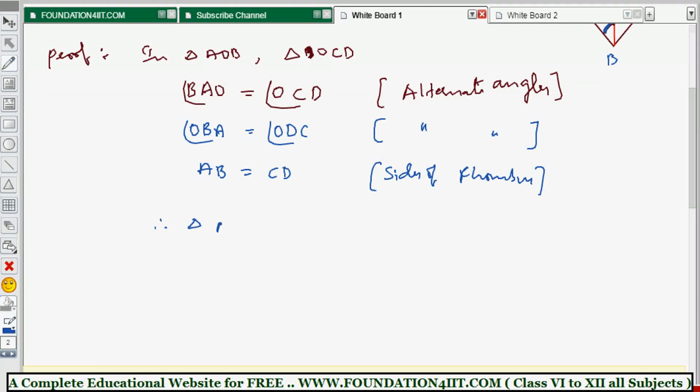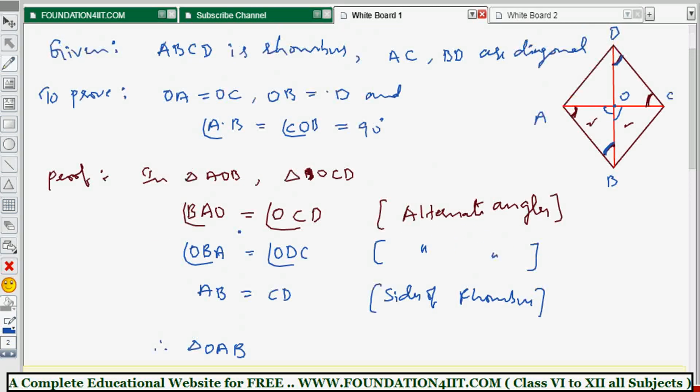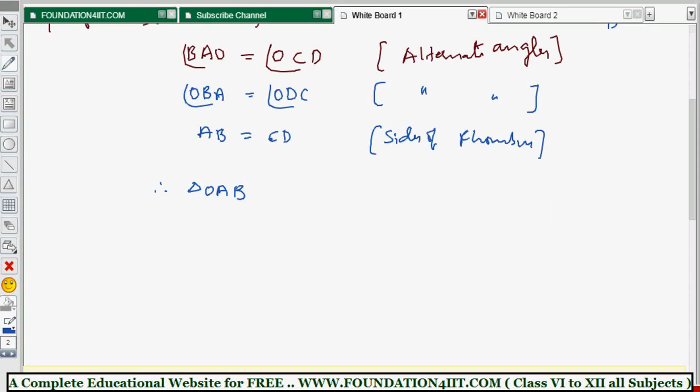Therefore triangle AOB, or OAB, anything is the same triangle, and this opposite triangle OCD, these two are congruent because of the ASA axiom: two angles and one side.